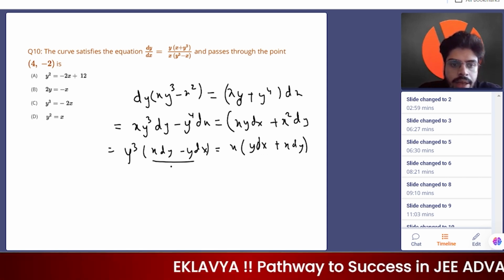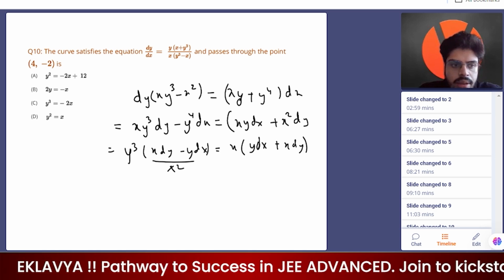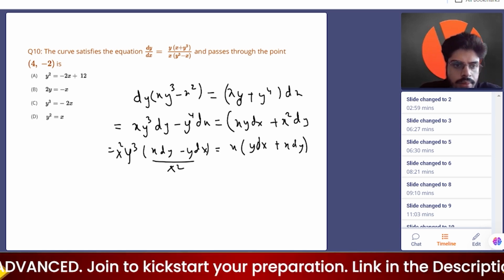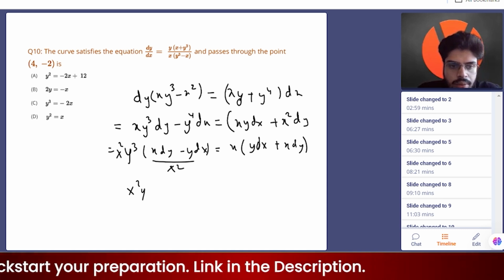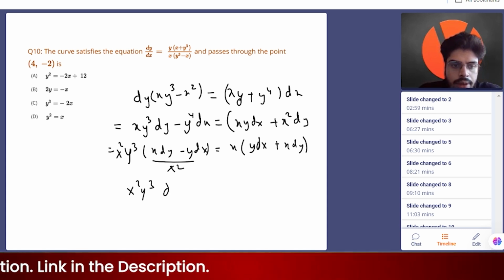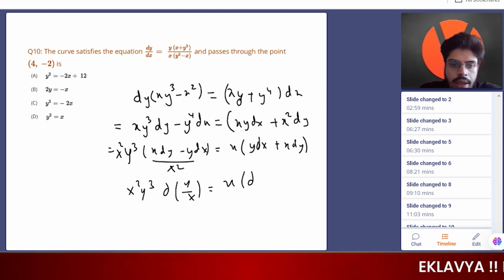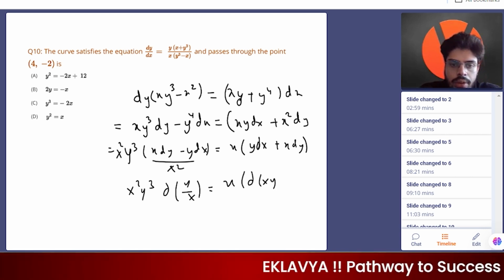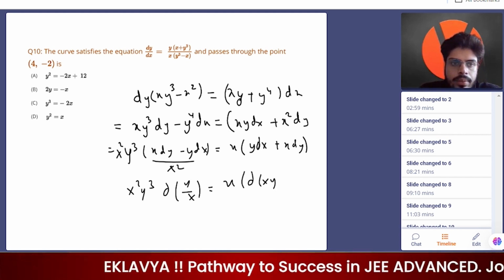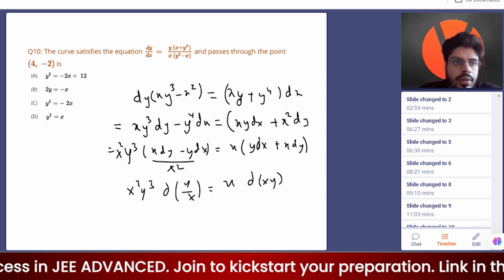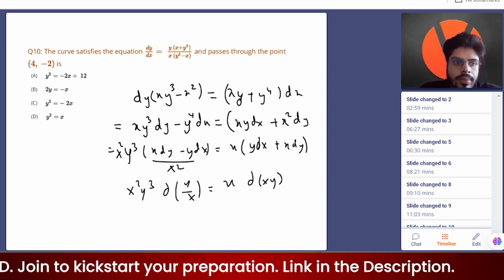So divided by x square. So this will become x square y cube quotient rule, d of y by x, and here x, and this is product rule, d of x of y.